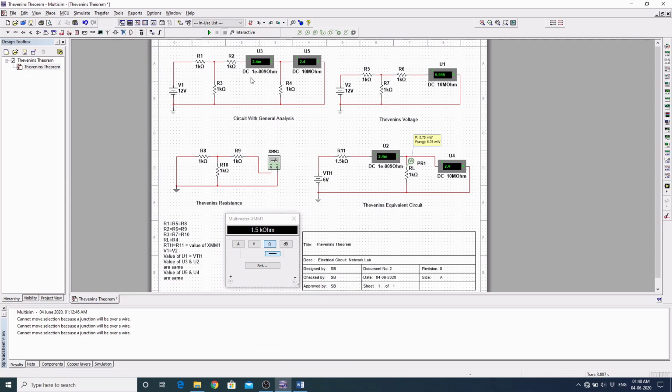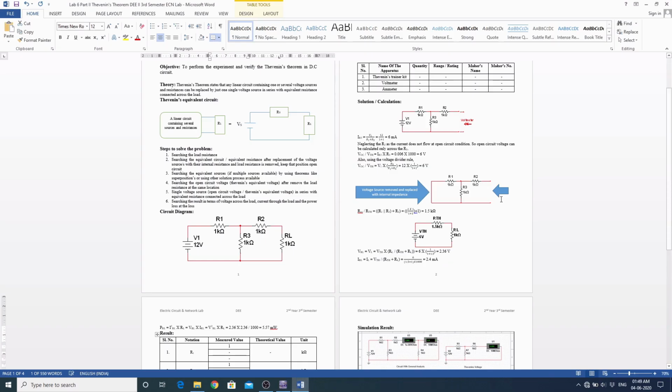And step by step the analysis is done to find out the Thevenin's voltage. The load resistance is removed from these terminals and the open circuit voltage is measured, which has become 5.99 volt, quite close to the 6 volt which I had also figured out from these steps.